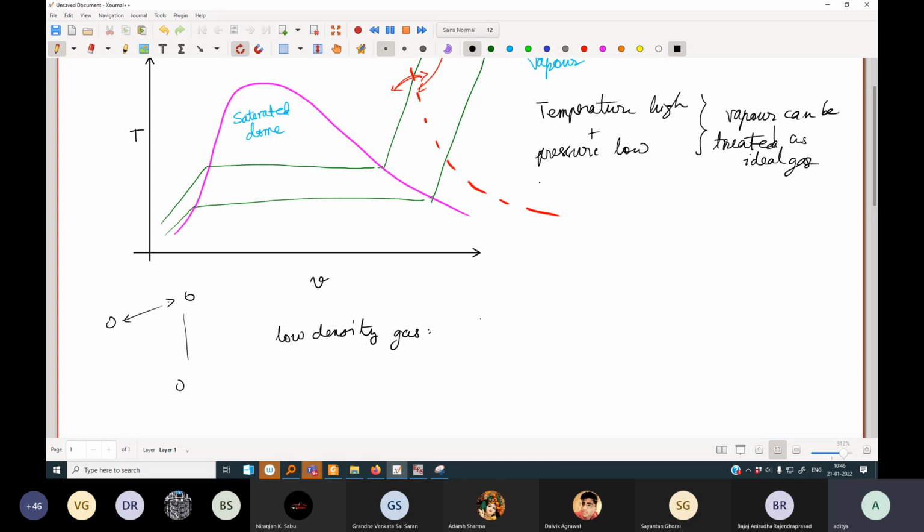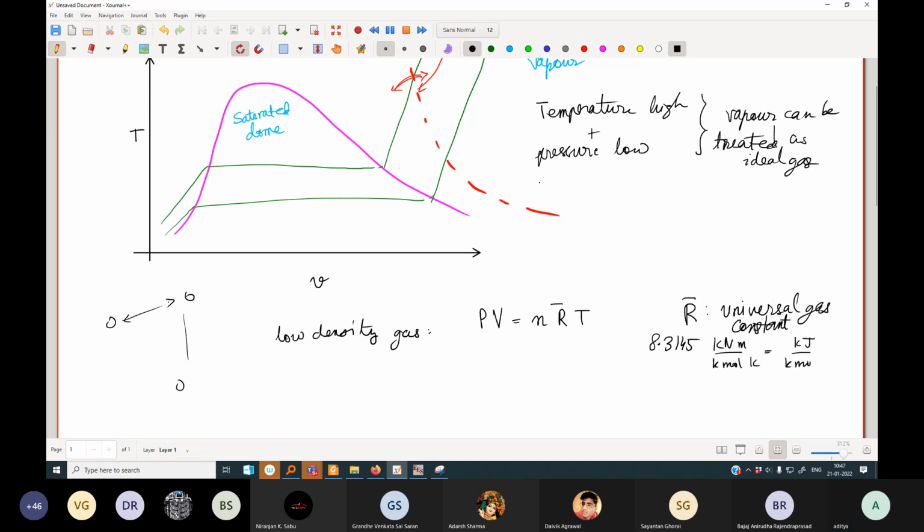So for low density gases, we know that PV is equal to N R bar T, where R bar is the universal gas constant. And the universal gas constant is 8.3145 kilonewton meter per kilomole Kelvin, or essentially kilojoule per kilomole Kelvin.